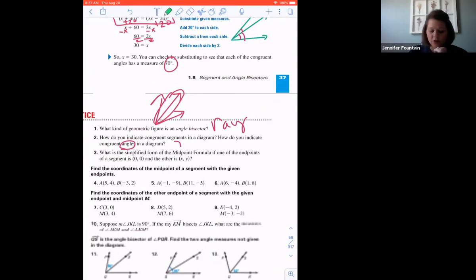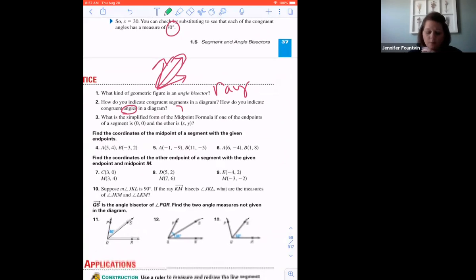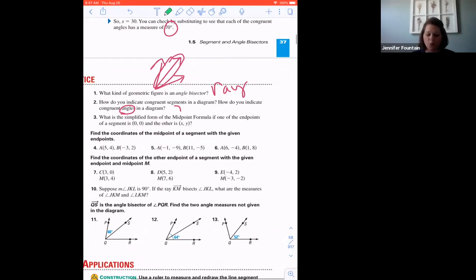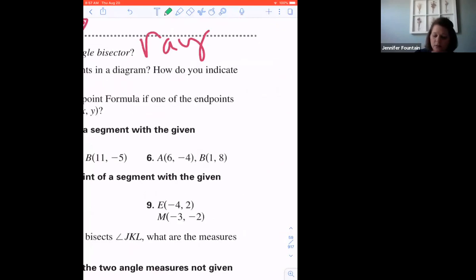All right, number 3 says, what is the simplified form of the midpoint formula if one of the endpoints of a segment is 0, 0, and the other is x, y? So let's think about this for a minute, okay? So remember we have x1 plus x2 divided by 2, y1 plus y2 divided by 2.